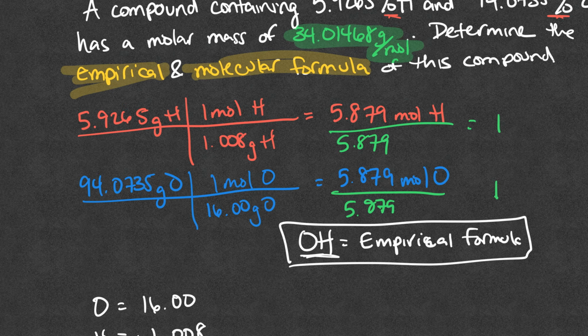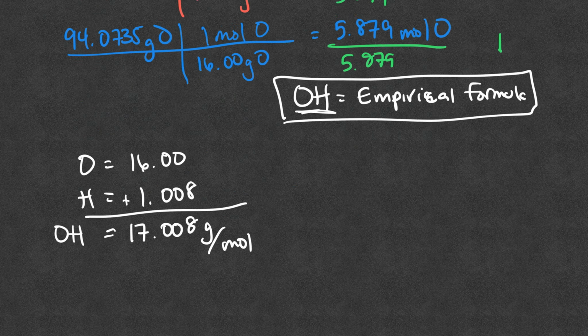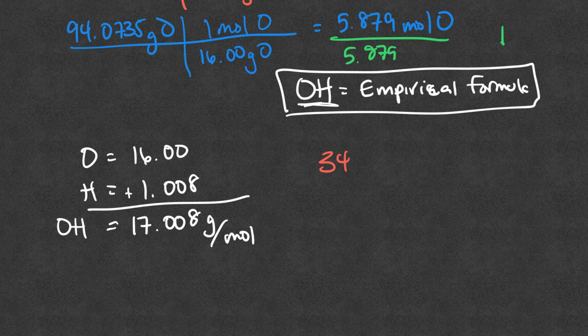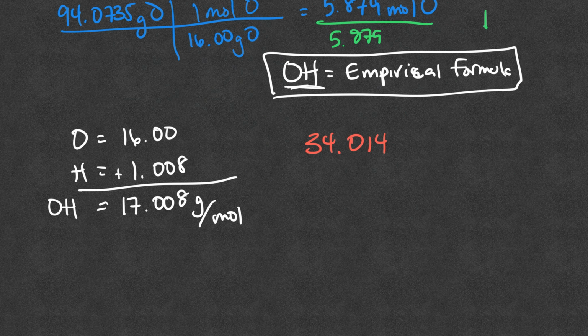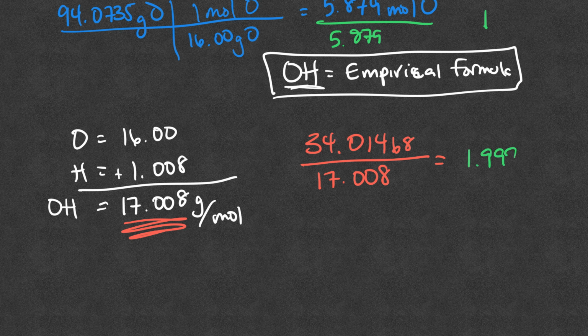This is the molecular formula's molar mass, 34.01468. You divide this by the molar mass of hydroxide we just figured out, 17.008. You plug this into the calculator, and what we get is 1.999. Since this number is so close to 2, we will just call this 2.